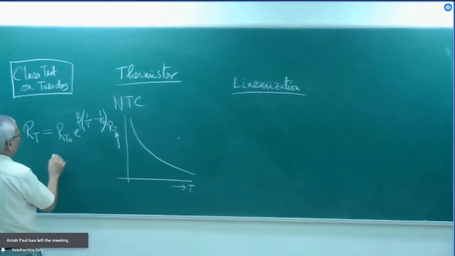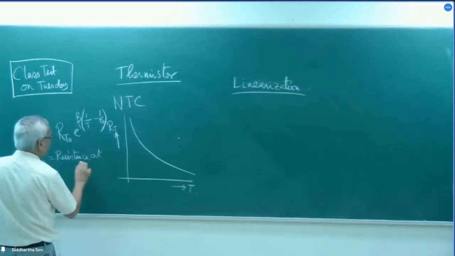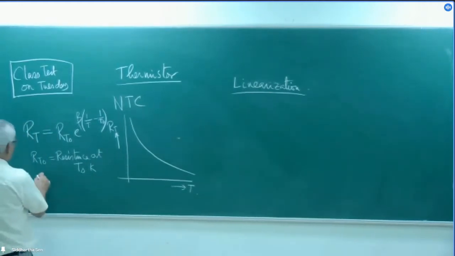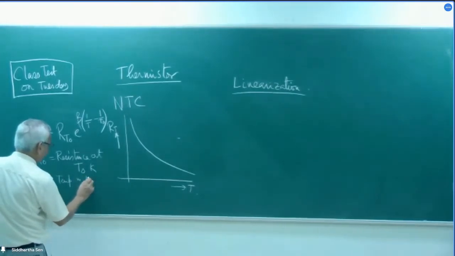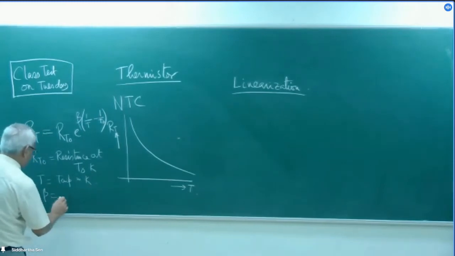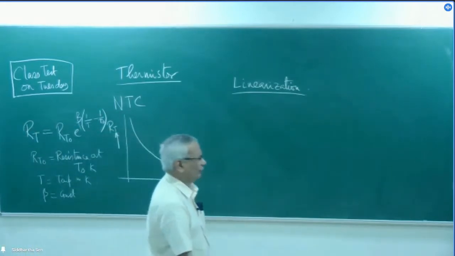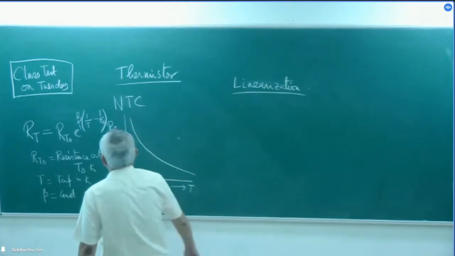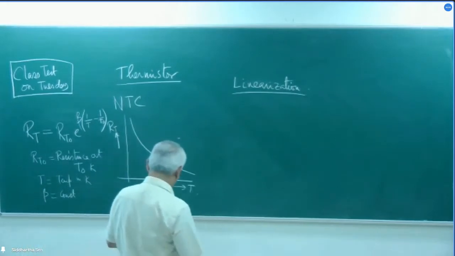Here RT0 is the resistance at T0 Kelvin, so the temperature T is the temperature in Kelvin, and beta is a constant of the thermistor. We have said that beta is approximately around 4000. If we plot it, we will get something like this. Now the question is how to linearize this one.